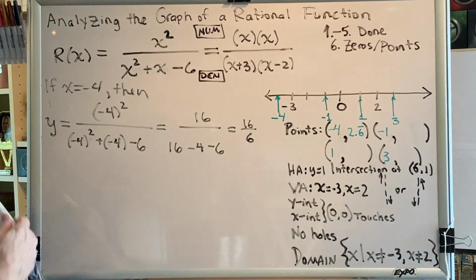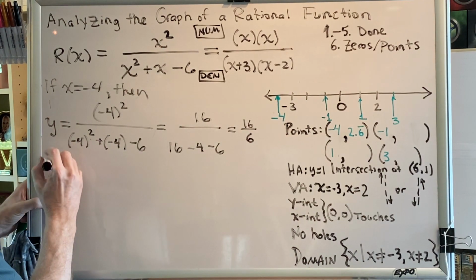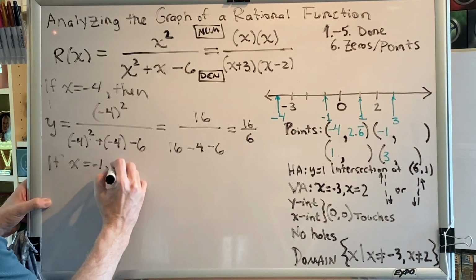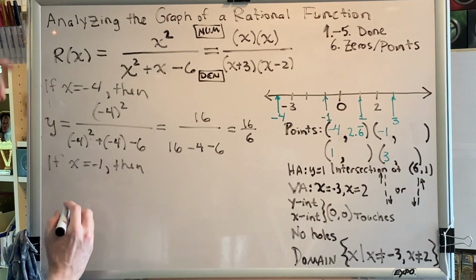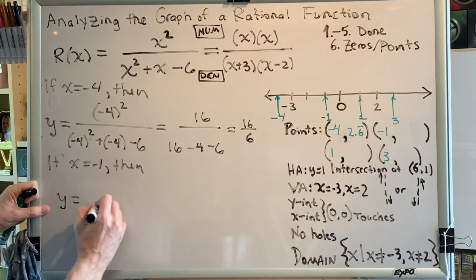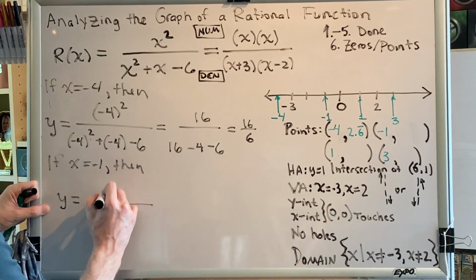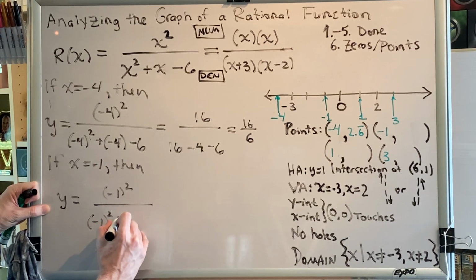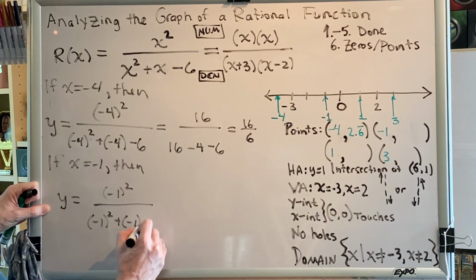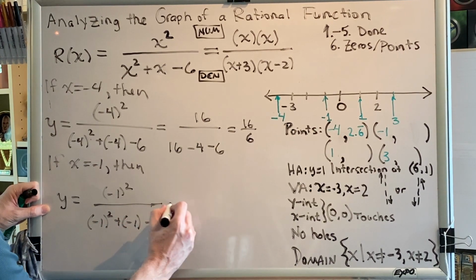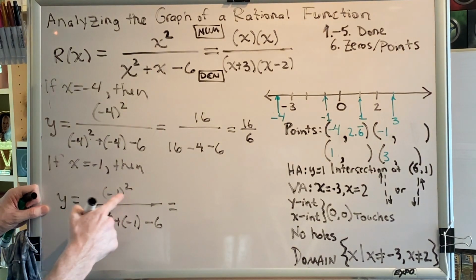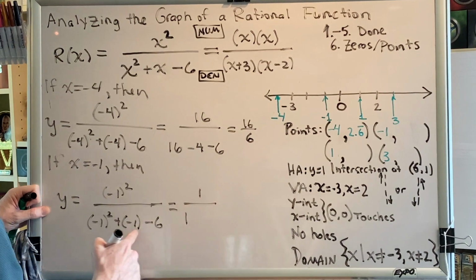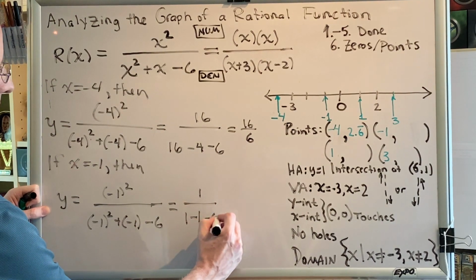Okay, let's try our next value of x. If x equals -1, then r of x, or in this case y, would be equal to -1 in parentheses squared over -1 in parentheses squared plus -1 minus 6. -1 in parentheses squared is +1, so this is also a +1, -1 minus 6.